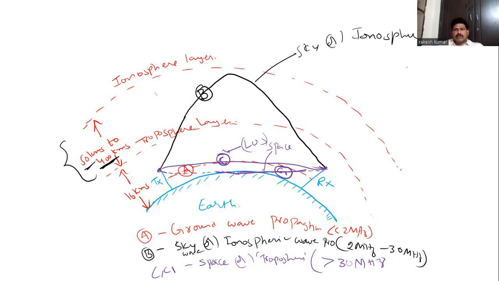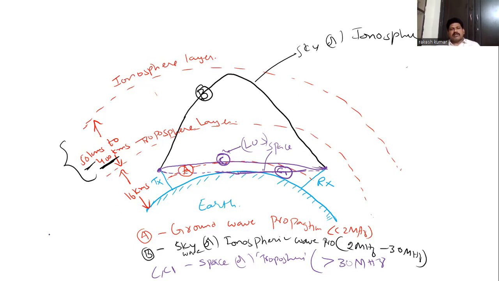Okay, so this is how different signals are transmitted from the transmitting antenna to the receiving antenna at different heights. Let us consider the range of the troposphere.